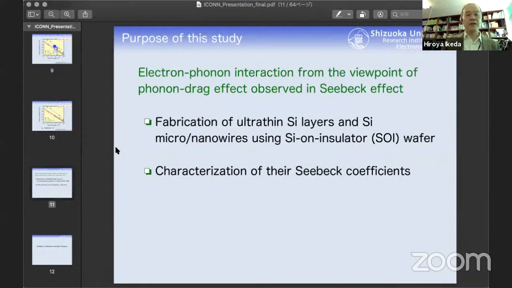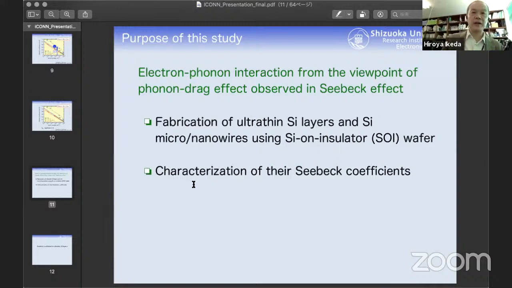The purpose of this study is to investigate the electron-phonon interaction from the viewpoint of the phonon drag effect observed in the Seebeck effect. We fabricate ultra-thin silicon layers and silicon micro-nanowires using a silicon on insulator wafer, which we call an SOI wafer.